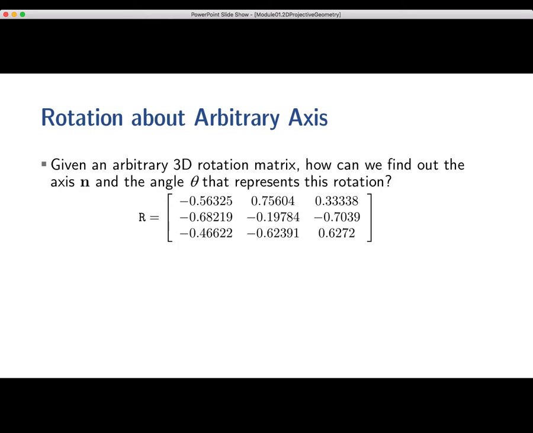So how do I find the axis of rotation from a rotation matrix? How do I find what is the axis of rotation of this? And how do I find the angle of rotation about that axis? Any ideas? How would I approach this?